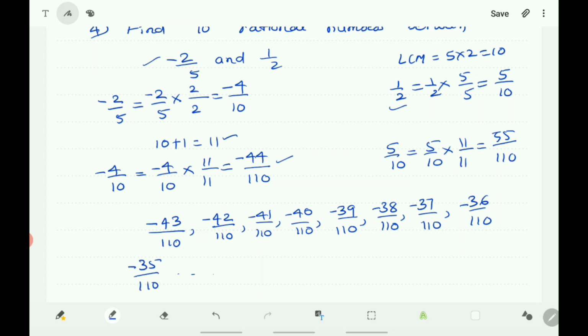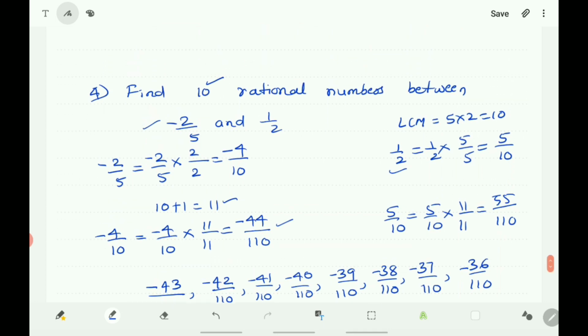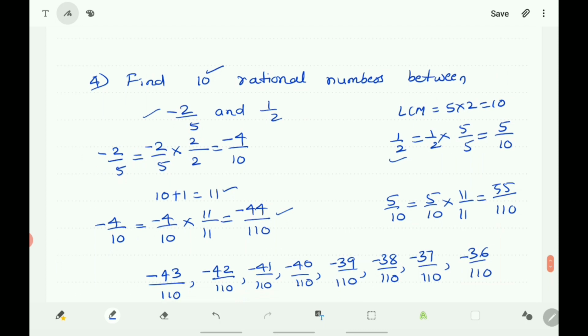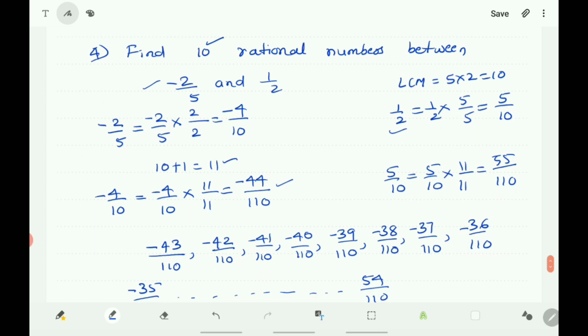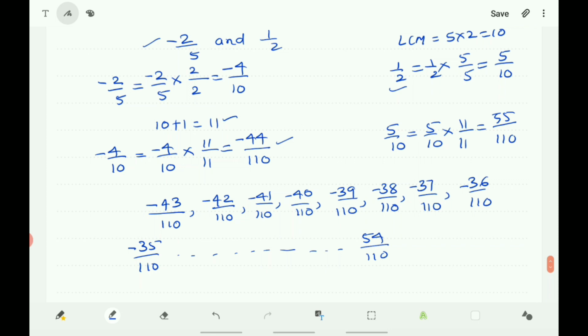Like this we can write up to 54 by 110. Any number of rational numbers can be considered here, but here there is a need of 10 rational numbers. So select any 10 rational numbers between minus 44 by 110 and 55 by 110.